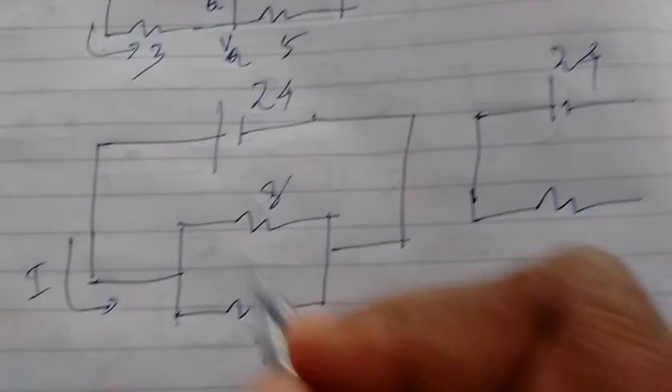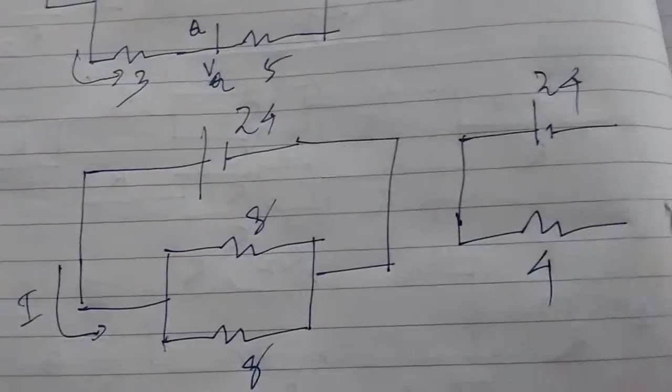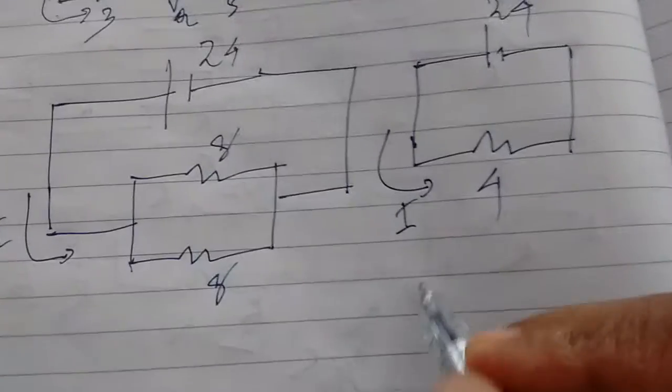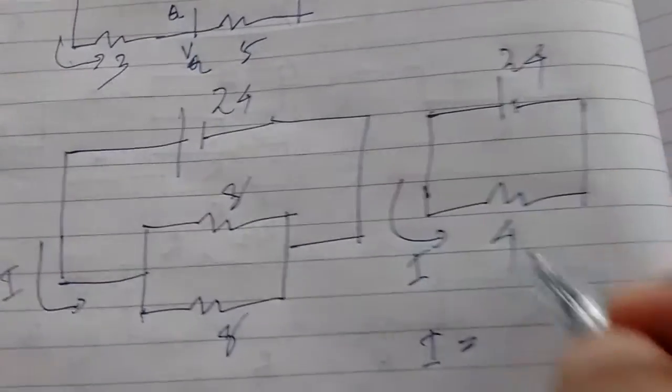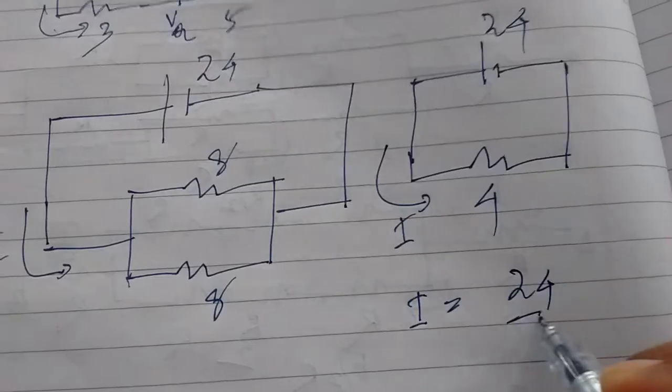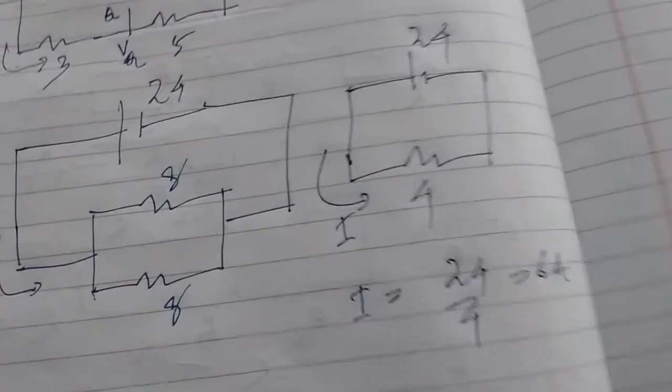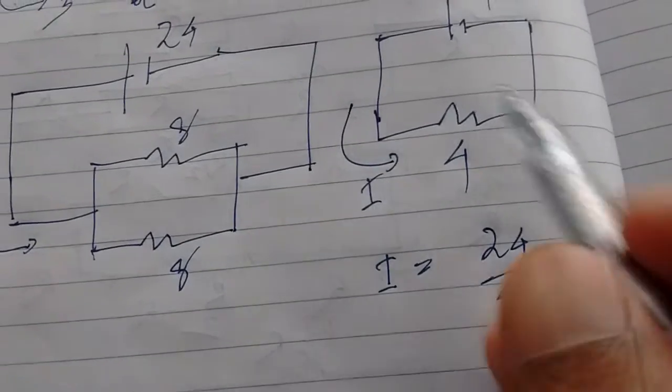Equivalent resistance of 8 parallel 8 is 4. So total resistance is 4. Now total current I is nothing but 24 by 4, is equal to 6 ampere, by Ohm's law. So 6 ampere is the total current flowing through this circuit.